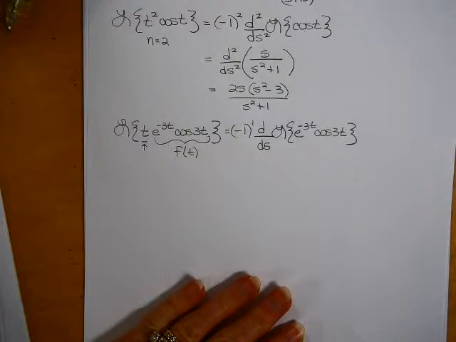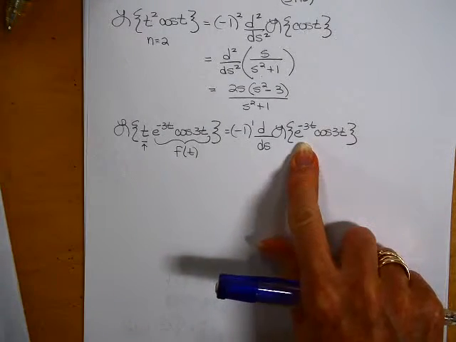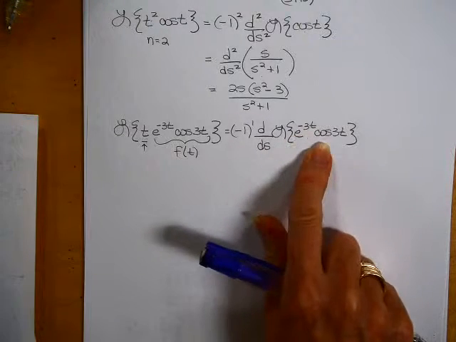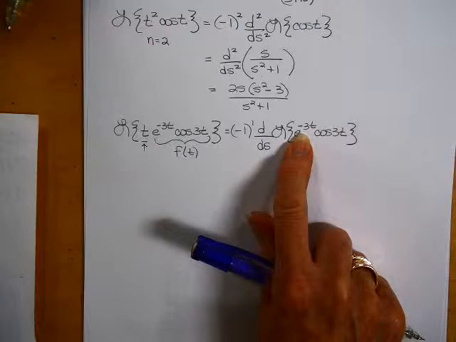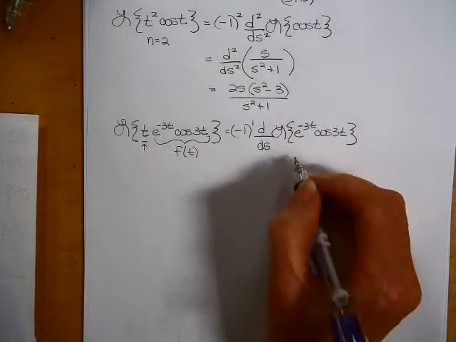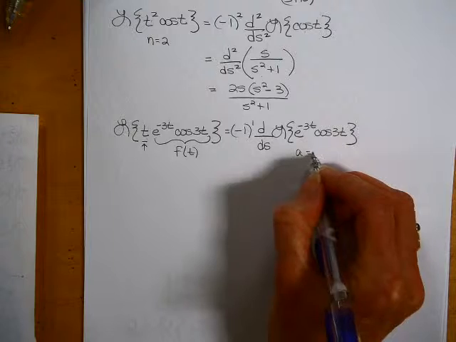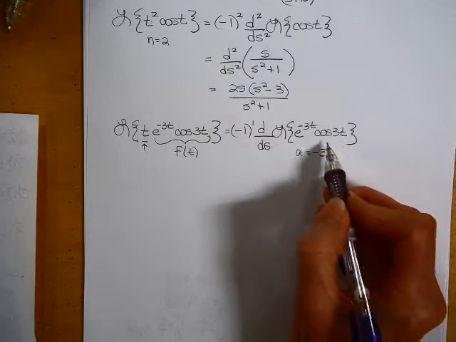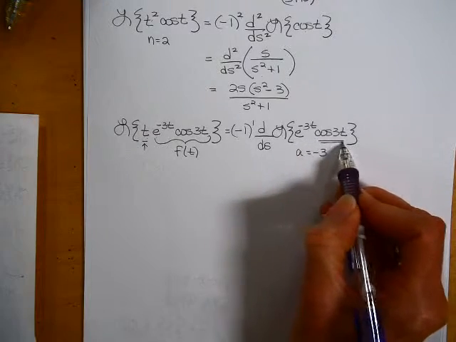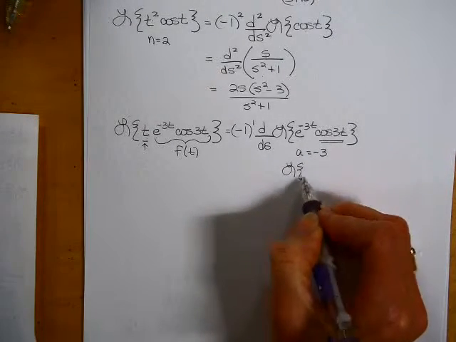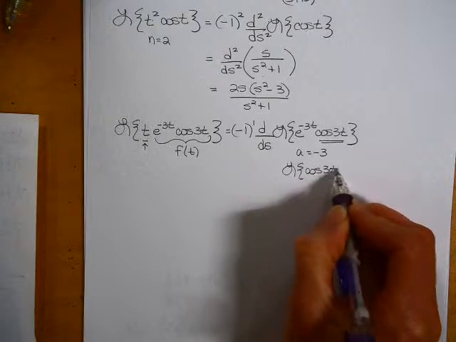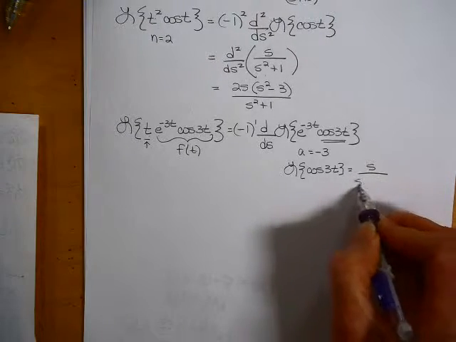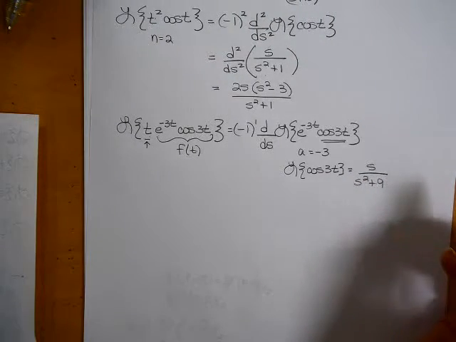Everybody following? All right, so now I've got to figure out how to take the Laplace transform of this one. Well, I have a formula for that one. The Laplace transform of this shifts it. Remember, 3 units. So in this particular thing, a is negative 3. So I take the Laplace transform of the cosine, which is s over s squared plus 9.